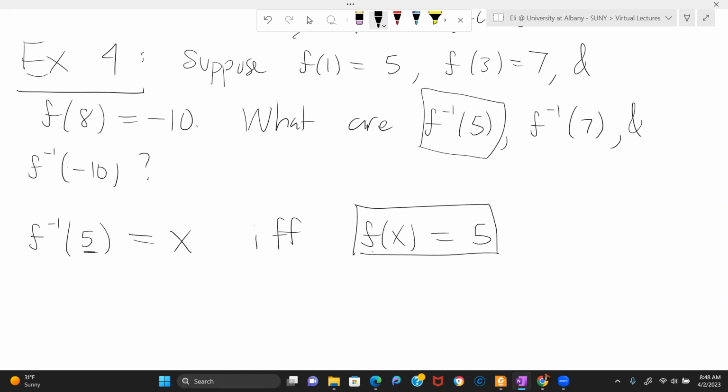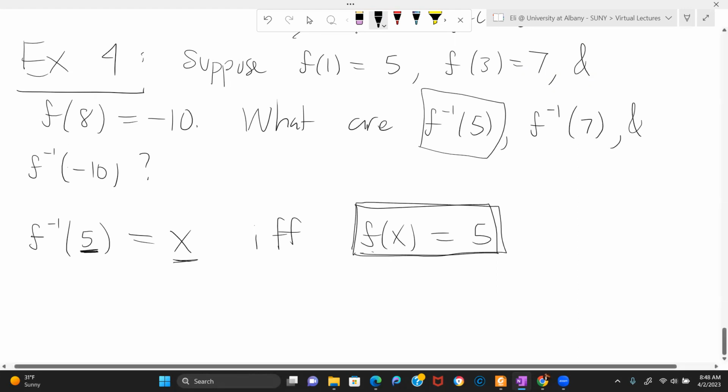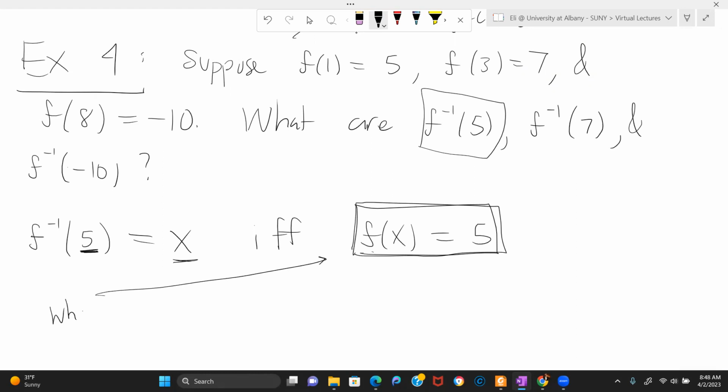So basically we're asking, what does f inverse do to the input 5? I don't know what it does, but call it x. Whatever x is, it has to be such that this condition holds. So what we need to ask ourselves is, what number does f send to 5?